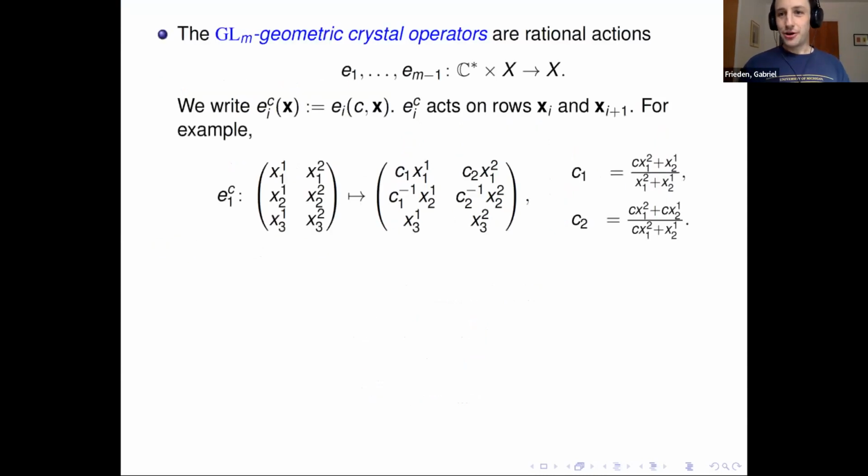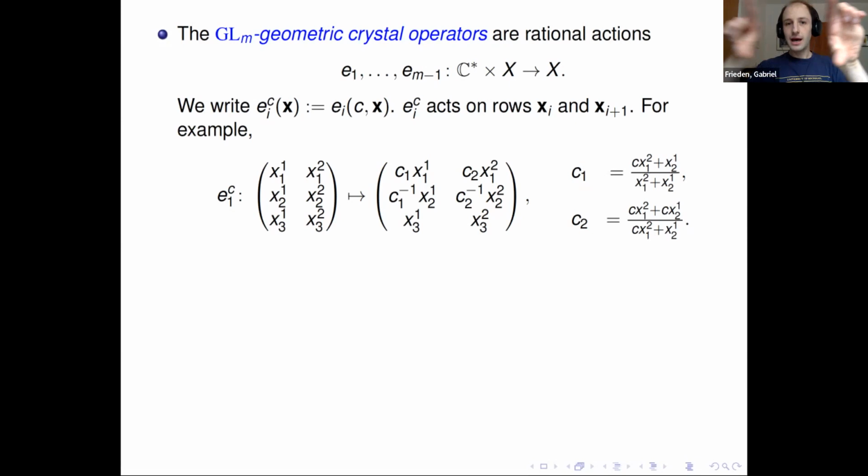Okay, so the geometric crystal operators are rational actions on the space of matrices: you take a complex number C and act on an M by N matrix, and it gives you another M by N matrix. In Pasha's talk, he was focusing on the case of just single columns, and also 2-column matrices.